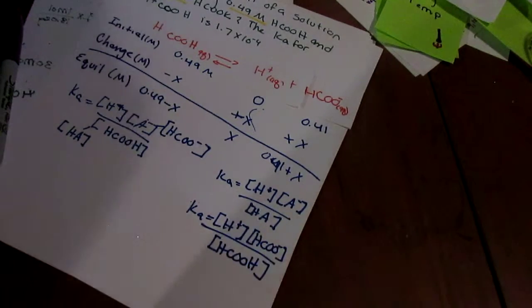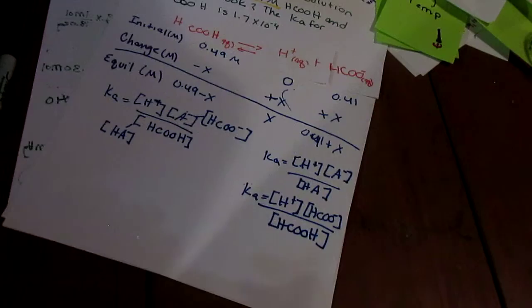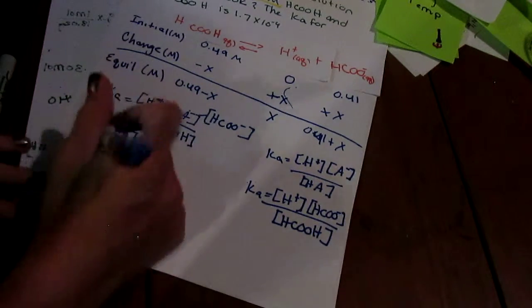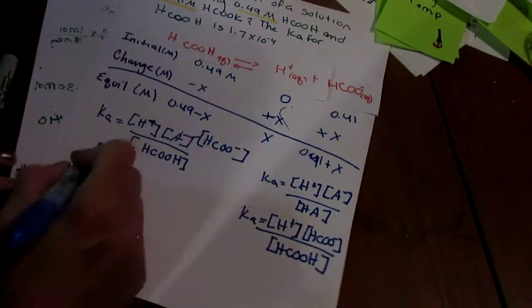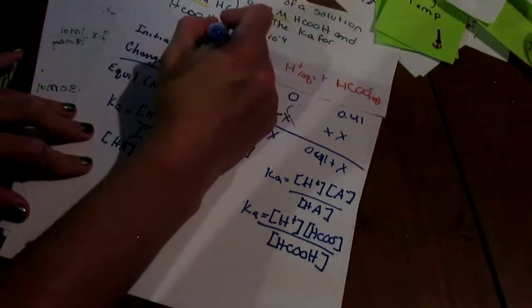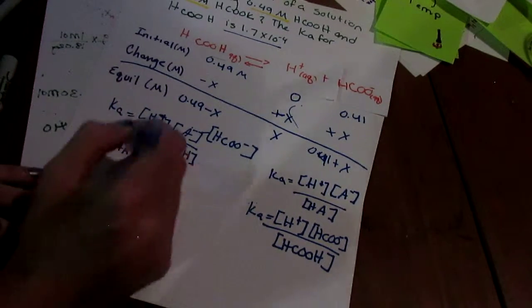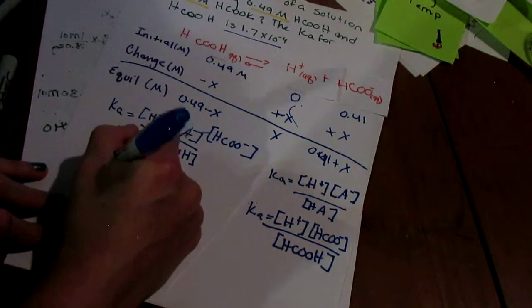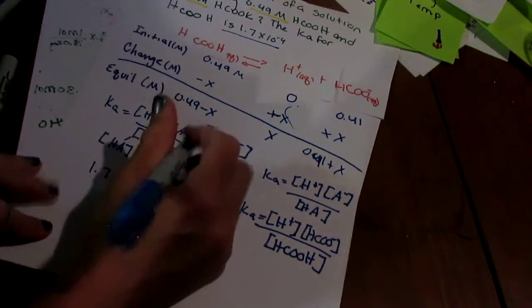There we go. Better. Okay, now let's go ahead and plug things in. So we'll put our Ka in its spot, and don't forget it was right here in our given for the problem we're solving. So it's 1.7 times 10 to the negative 4.